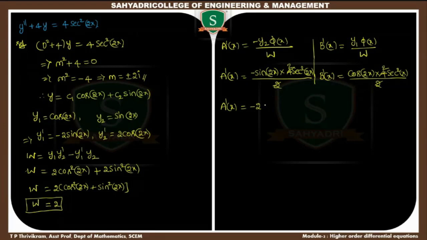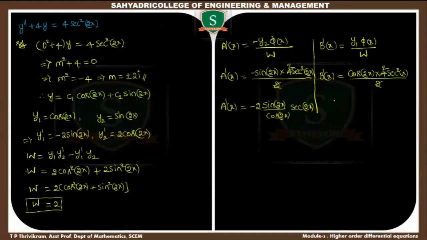I can write 1 by cos as secant. I have taken one secant 2x outside. Secant theta is nothing but 1 by cos, so secant 2x can also be written as 1 by cos 2x.